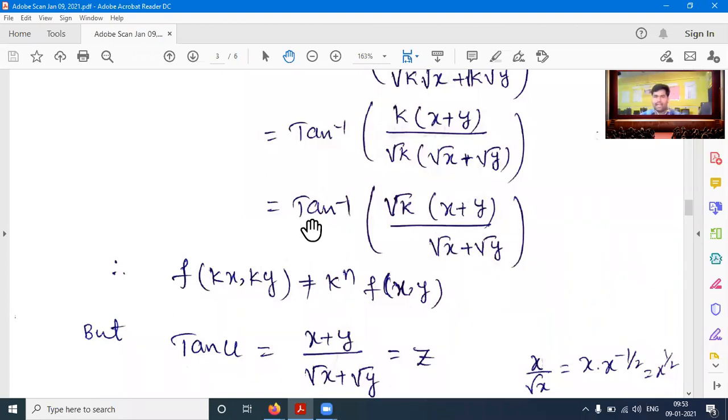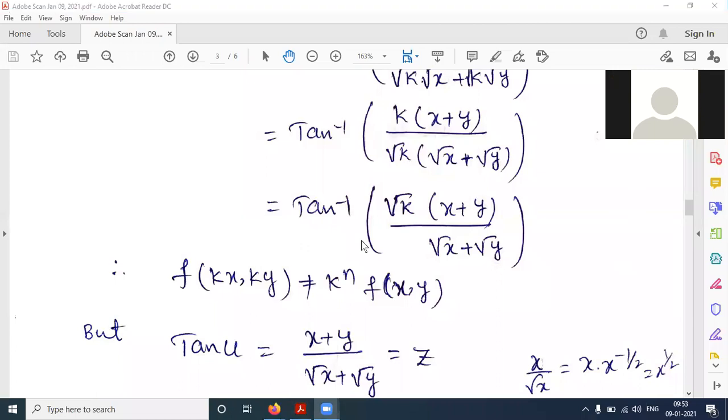If it were homogeneous, then f of kx comma ky would be equal to k to the power n into f of x comma y. But here root k is inside the angle, so we cannot write root k in front of tan inverse as a coefficient.